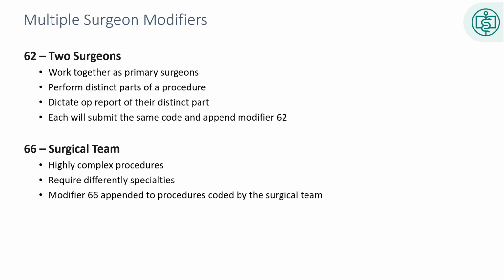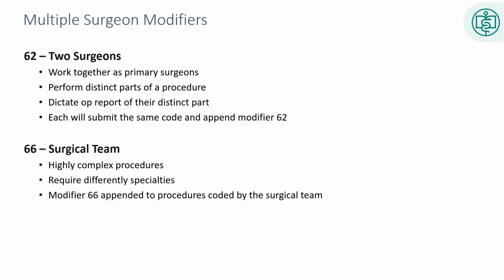Modifier 66 is used to indicate that a surgical procedure was performed by a team of two or more surgeons working together, with one surgeon acting as the primary surgeon and the others acting in an assisting role. This type of surgery is sometimes referred to as team surgery.